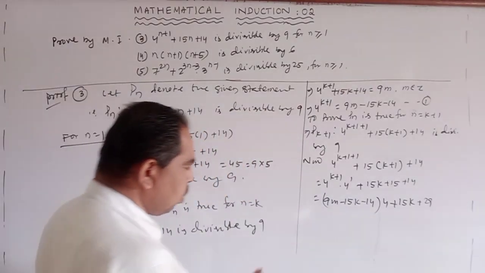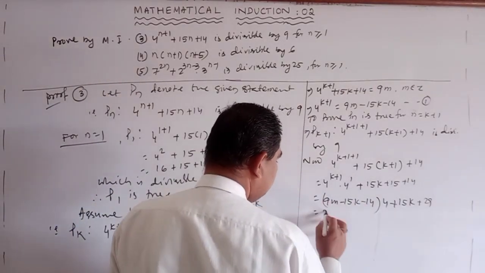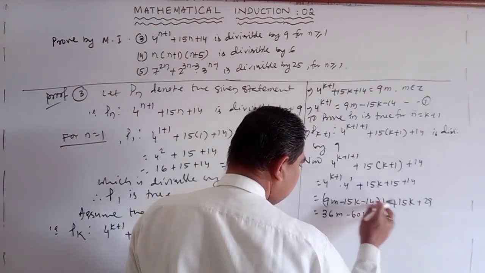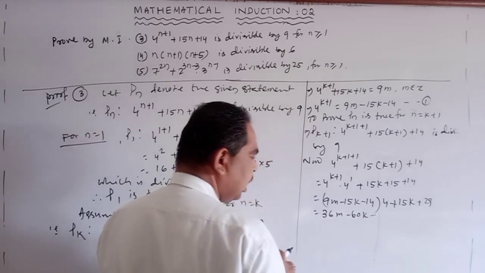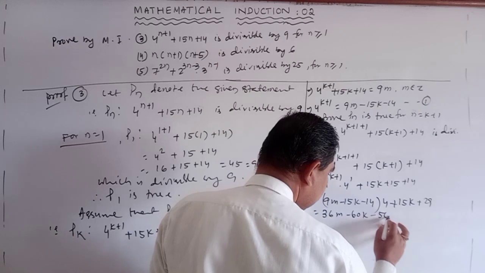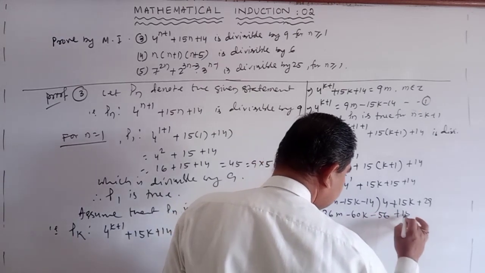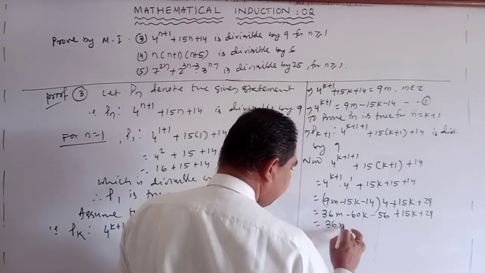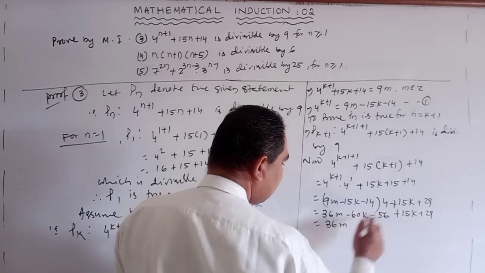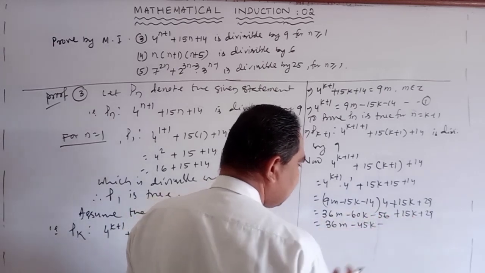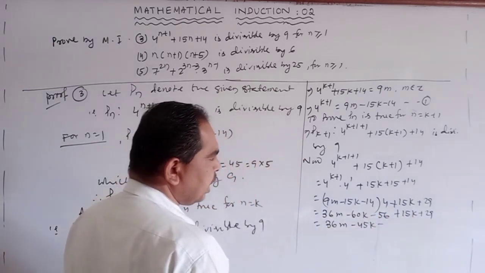So is equal to, multiply this, 36m minus 60k minus 14 into 4. 14 into 4 means 56, plus 15k plus 29. So is equal to 36m minus 60k plus 15k means minus 45k, minus 56 plus 29, 27.